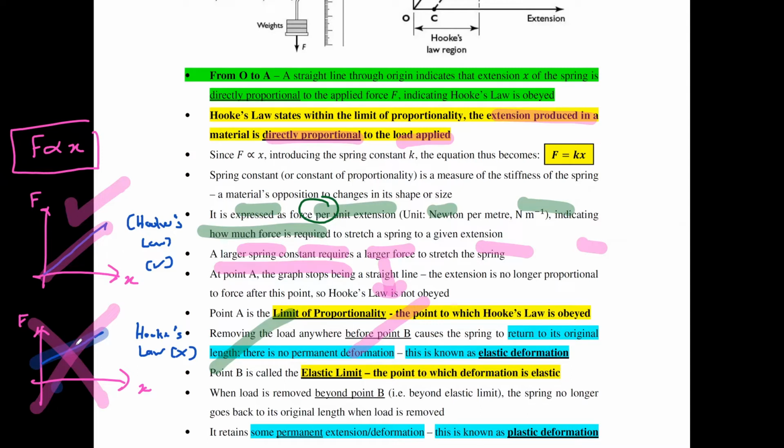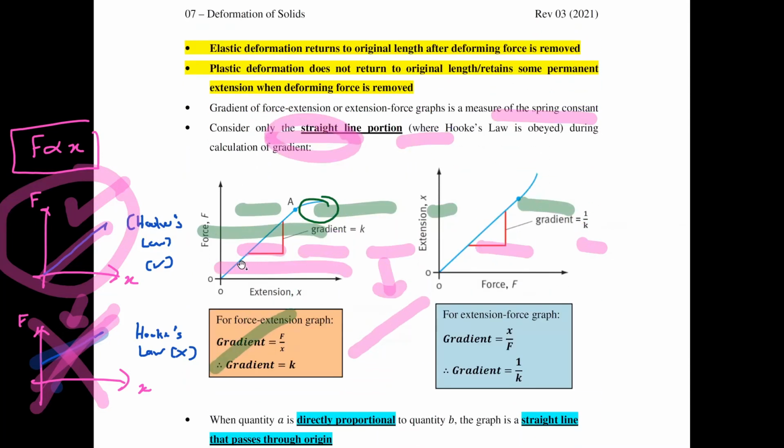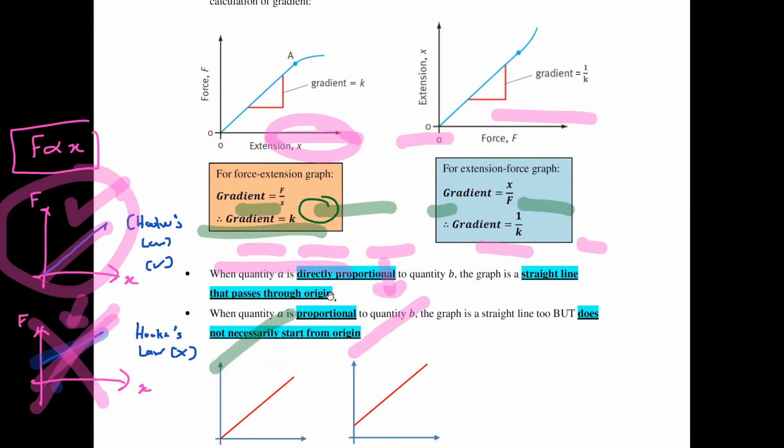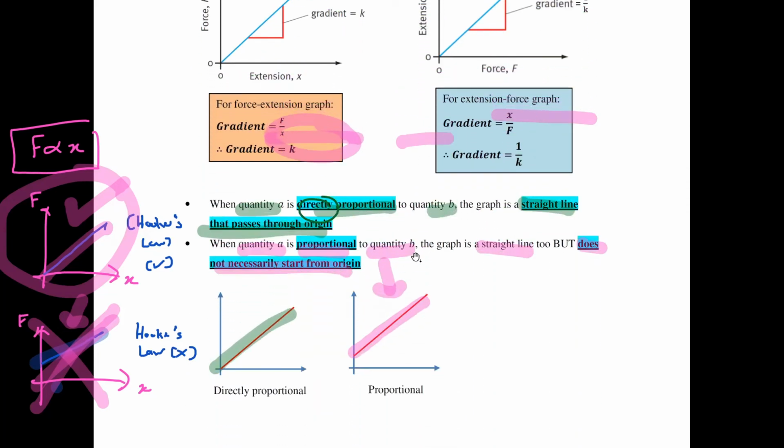Just because it's a straight line itself does not mean that it obeys Hooke's law. It must pass through the origin because of how Hooke's law is defined: it's directly proportional. So the only way you will get something that obeys Hooke's law is if it's a straight line that passes through the origin. So this is just a bit of maths knowledge that I need to mention to you.